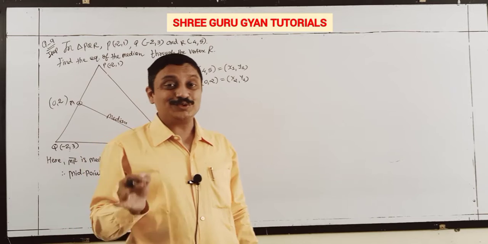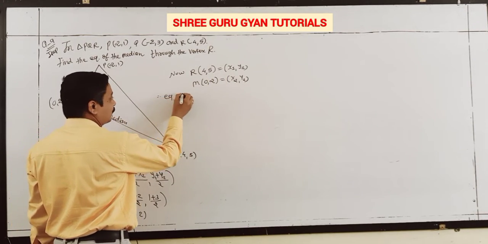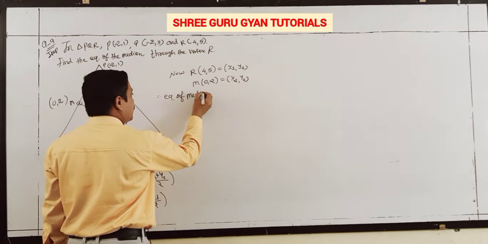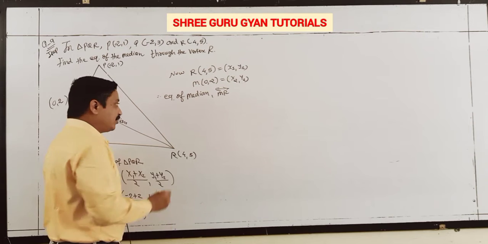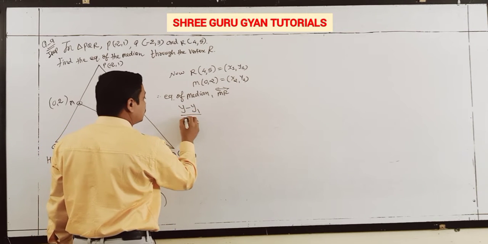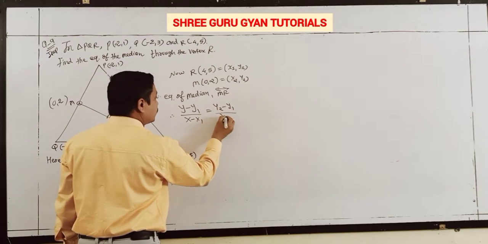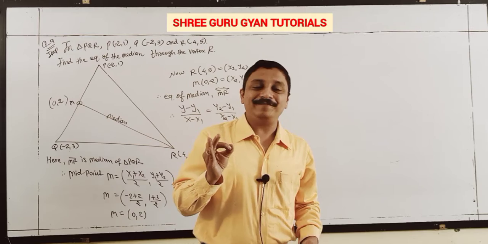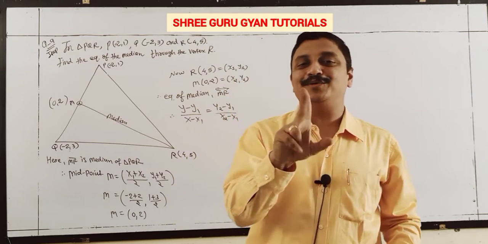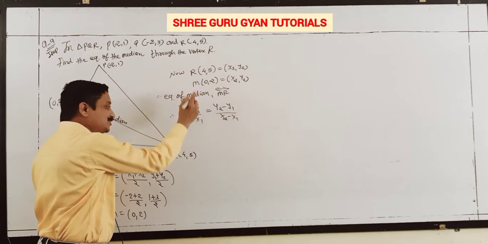Now I want the equation of the median. Therefore, the equation of median MR, or RM, in two-point form is y minus y1 over x minus x1 equals y2 minus y1 by x2 minus x1.